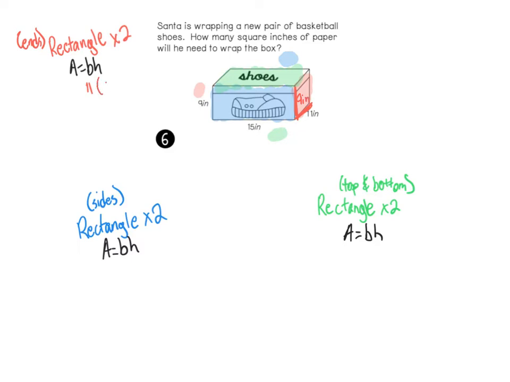So the height is 9. 11 times 9 is 99. But there's 2 of those, so now we have to multiply by 2. So we do 99 times 2 to get 198 inches.